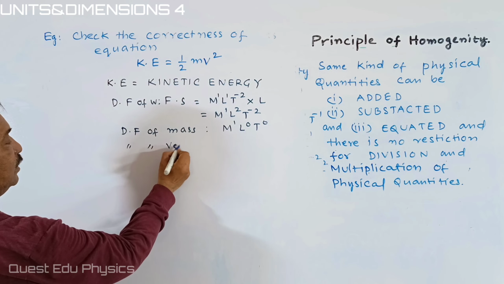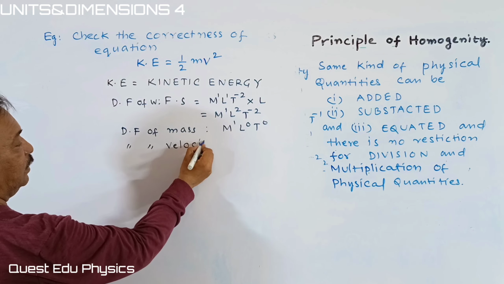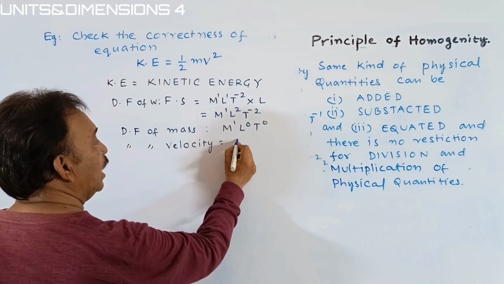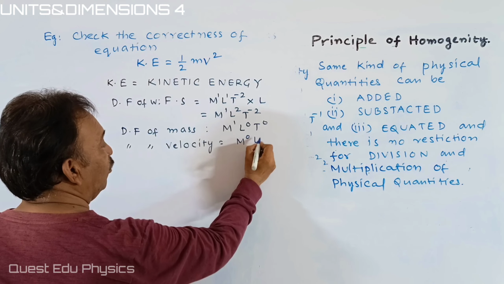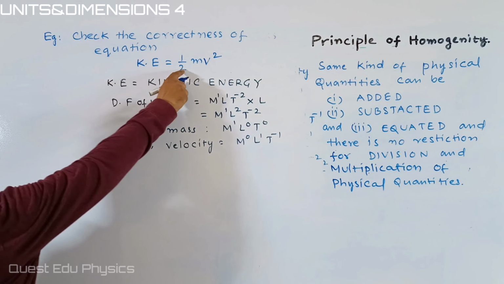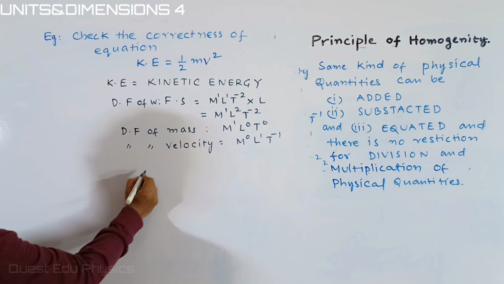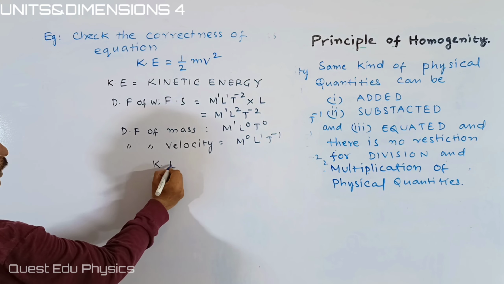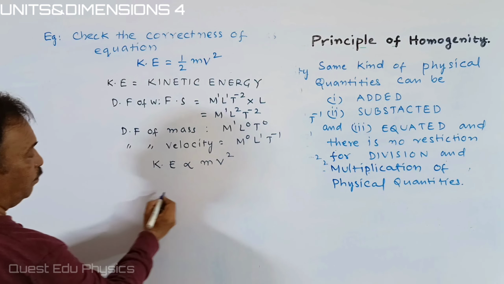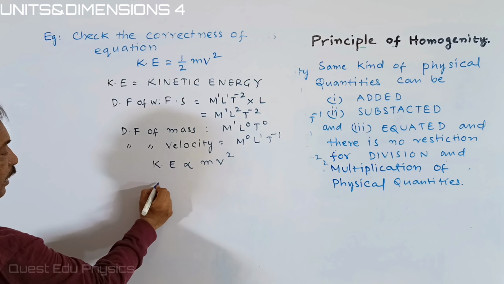V means velocity. Velocity is displacement upon time, that is M0 L1 T inverse. I said numbers don't have any value in it. You can write K is proportional to mv squared. The proportionality constant we are taking as one.